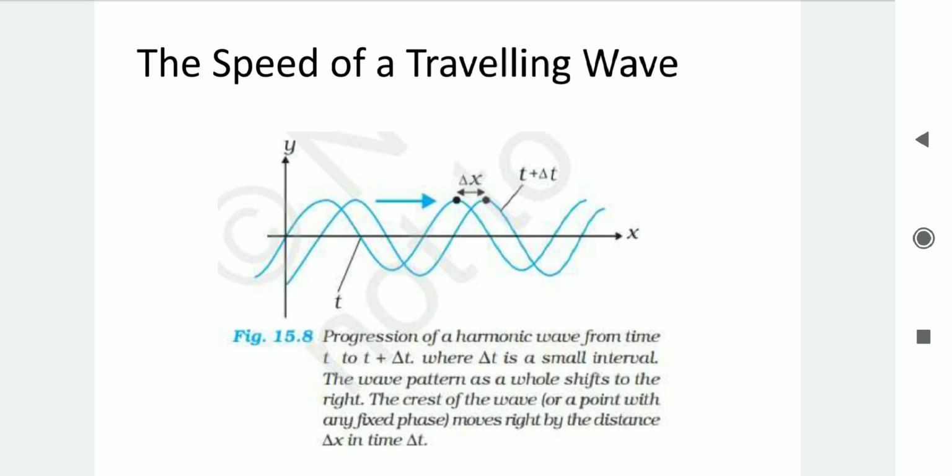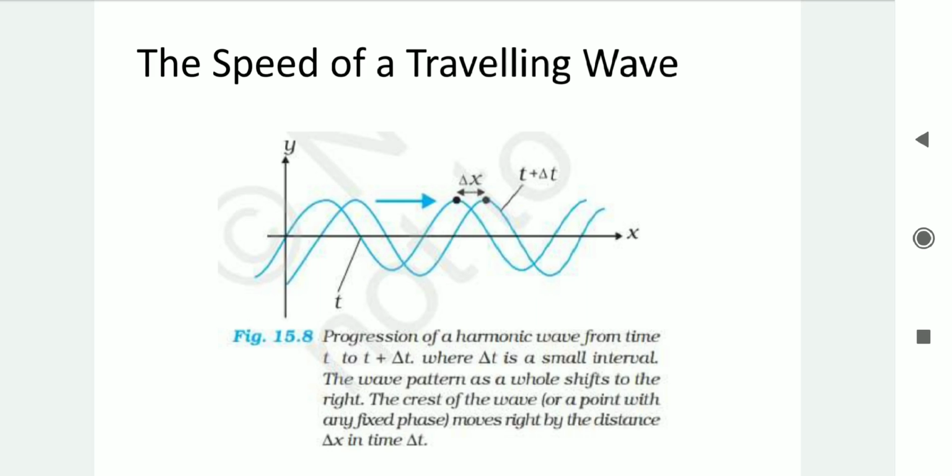So that particular dot is shifted by the delta x position, through which the whole wave is propagating, changing its displacement by delta x in delta t time duration.